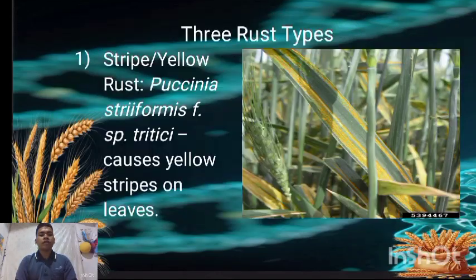There are three types of rust that infect wheat. First is stripe or yellow rust, Puccinia striiformis, which causes yellow stripes on leaves. Particularly, it can be seen on the leaves of our wheat.